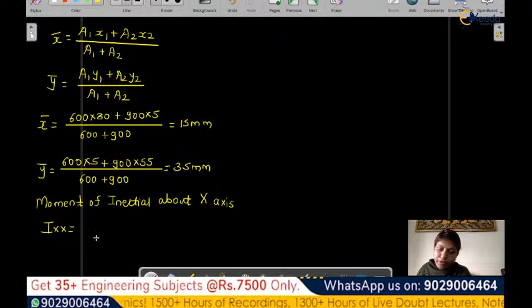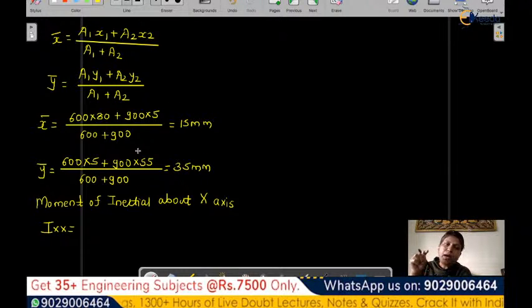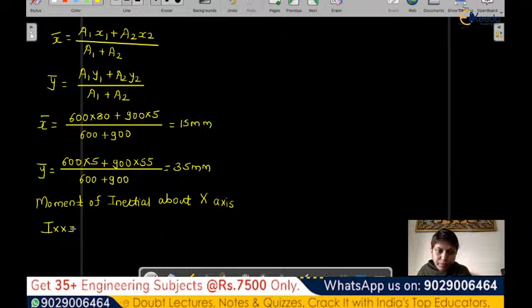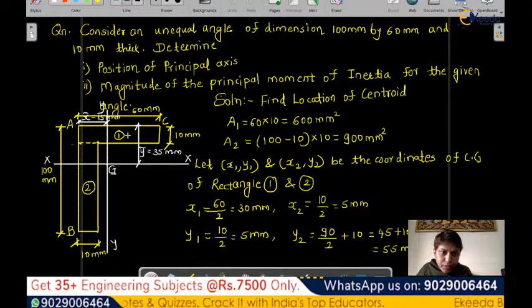It's b d cube by 12 plus A into h dash square, where h is the distance between y bar and the actual member. So first member is number 1. So b d cube by 12, this is b 60, this is d 10.